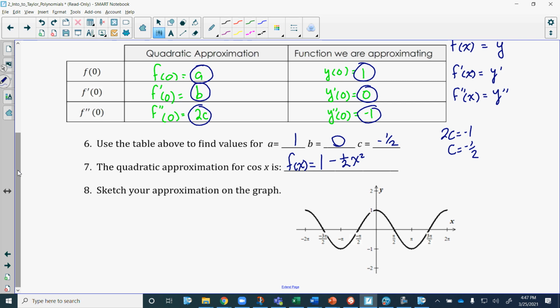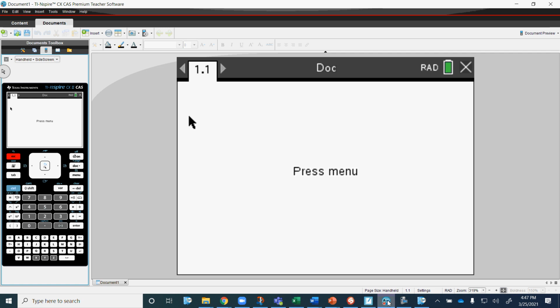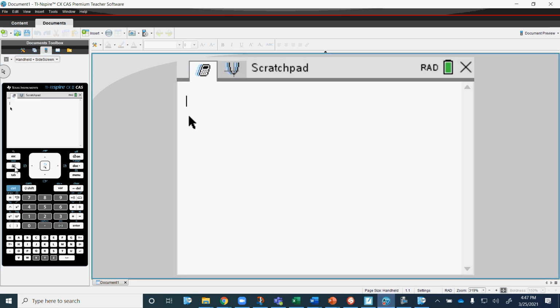Originally we had a line, which was not a good approximation at all. But now if I were to sketch the quadratic, it's going to be much more appropriate as an approximation. And I encourage you, if you have a calculator handy, to take a look at it. So let's try graphing the functions here.